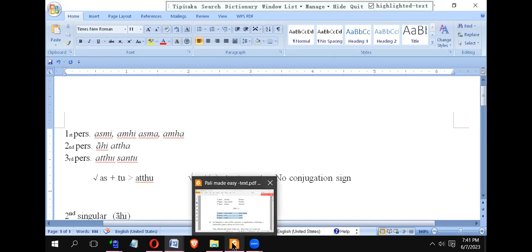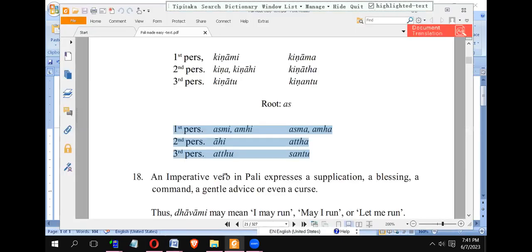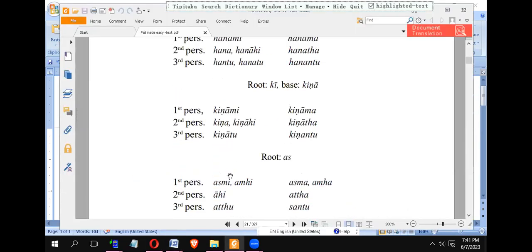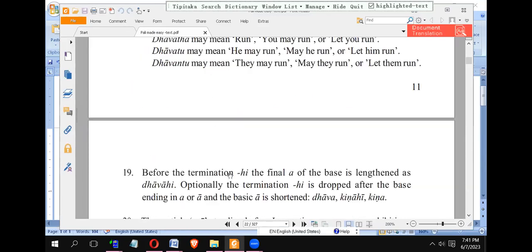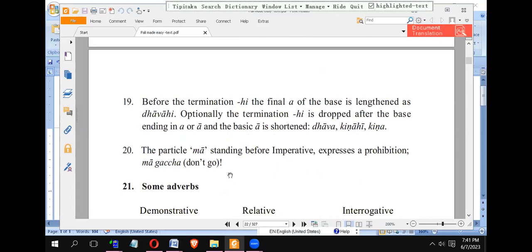Let's say like just now on the command with ma, you will not say ma gacha hi. You use the short form here, as a command, a prohibition.